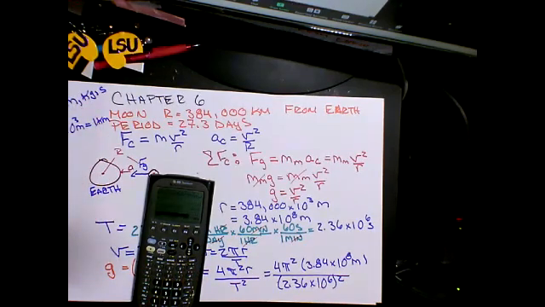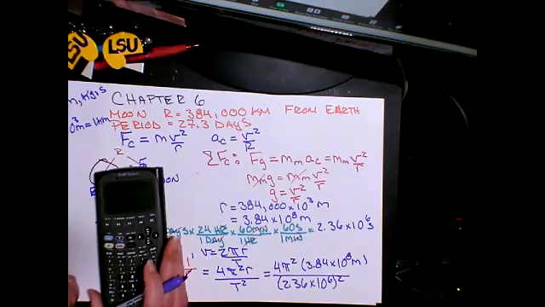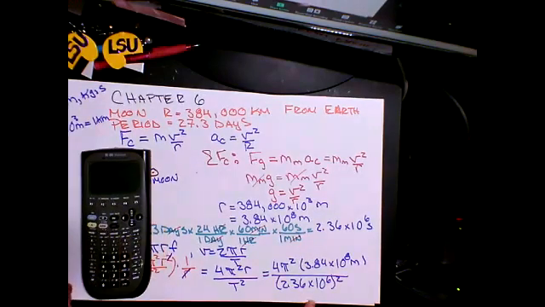And I get an acceleration g. Yeah, no, we're good. So I get g equals 0.0027 meters per second squared, and that got really messy. Sorry about that.